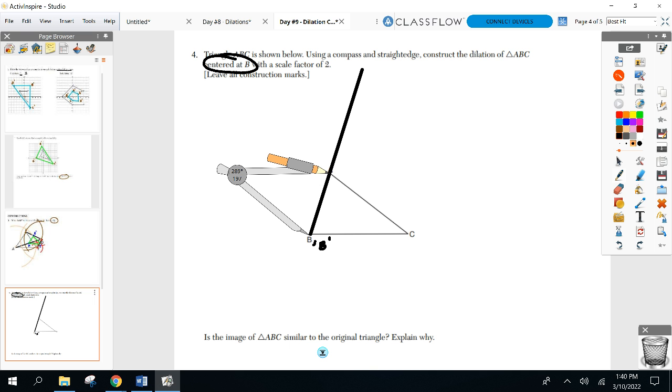And then you move it to A, and now double it. Move it up to A. And there you go. Make a nice little arc mark, nothing huge. And there's A prime.